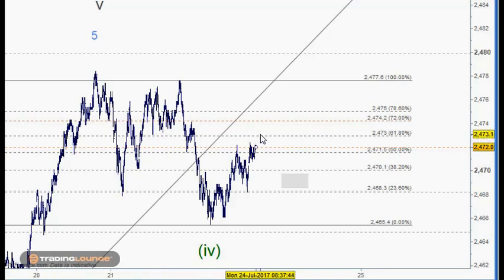So if support is found on number 3 here, when you look at 73, 3 is part of group 1, isn't it? So 2470, 71, 72 and 73 here. If support is found on 73, then that's the confirmation that you need that the market will be moving up to the 75 at that point.